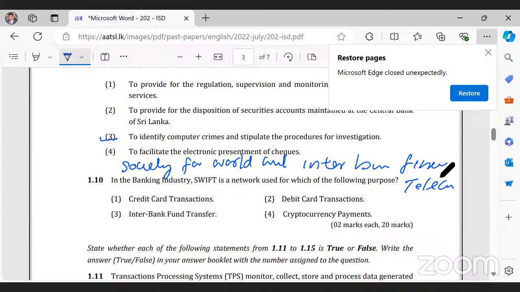This is actually a standard provided to interconnect banking systems. If there is no standard, it is very difficult to interconnect.